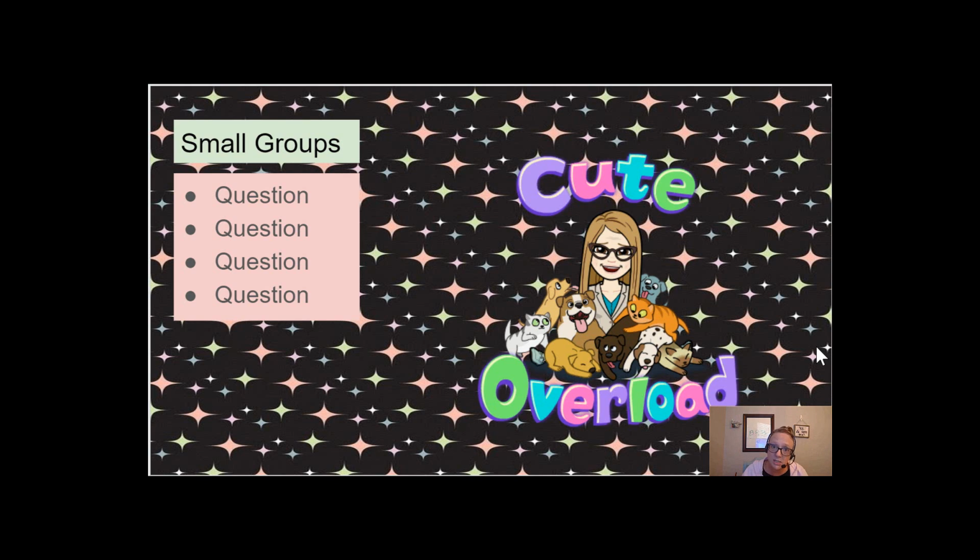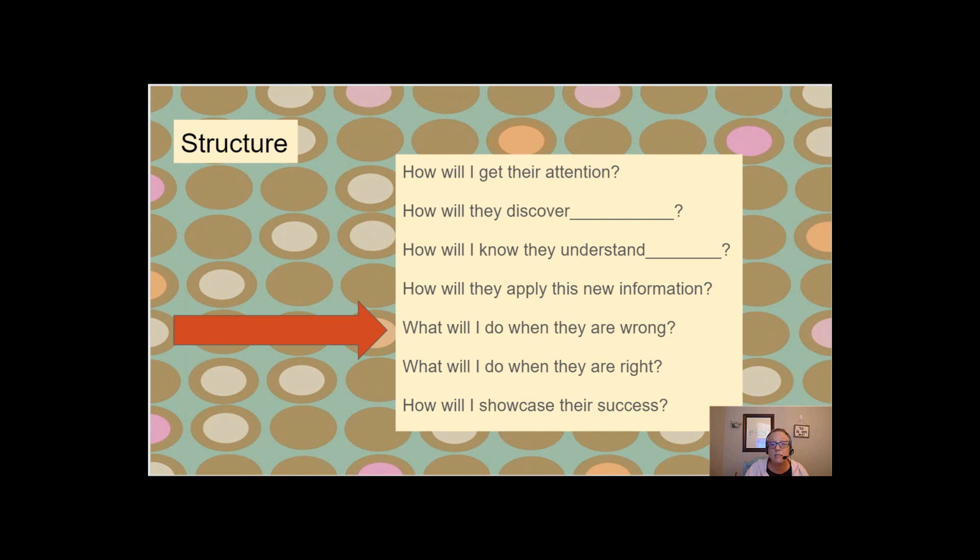The other thing you need to know about small groups, it doesn't have to be an entirely separate lesson. Remember this? You had some things up there that they were doing by the time they got to that point where they were stuck. So you can go back to the Nearpod that you used for them to discover and to check their understanding, and use that again with this group of kiddos.